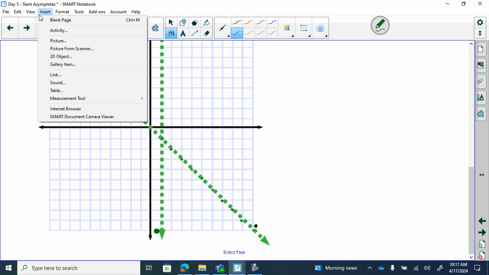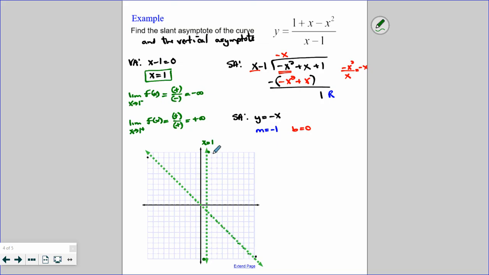See if I can draw this half decently. Got a little wobbly there, but that is what my function would look like. That's what the curve y equals 1 plus x minus x squared divided by x minus 1 would look like.